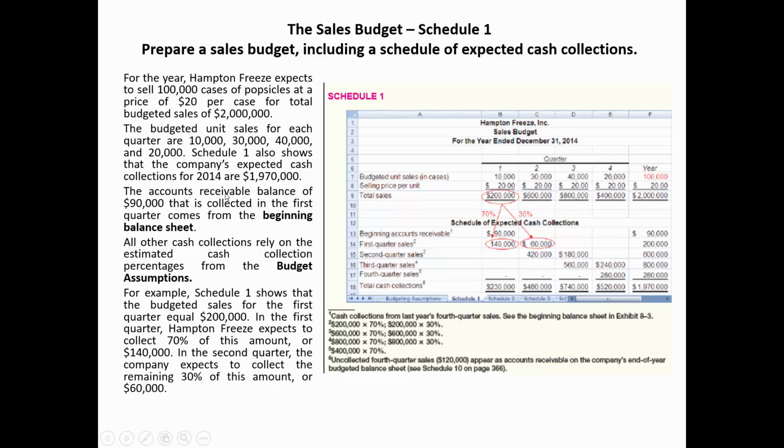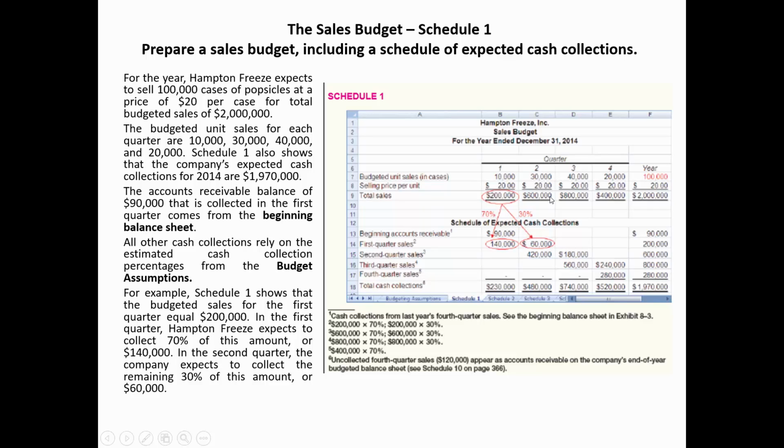So we see the accounts receivable balance of $90,000 is collected in the first quarter; it comes from the beginning balance sheet, which we referred to earlier. So $90,000 here. Then 70% of $200,000 in the first quarter is $140,000, and in the second quarter they're expecting to collect the additional 30%, or $60,000.